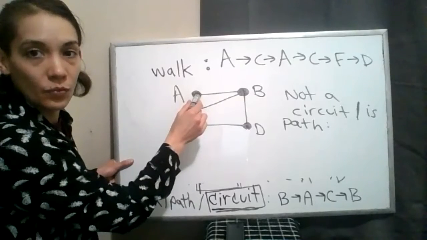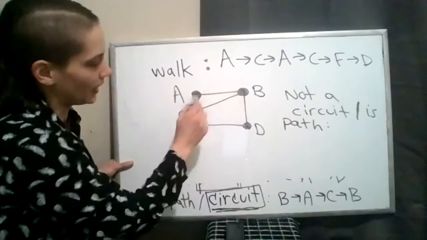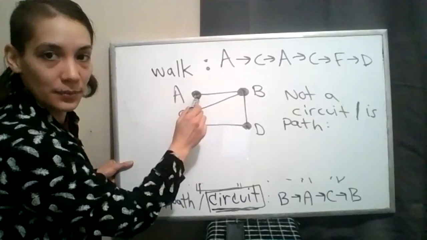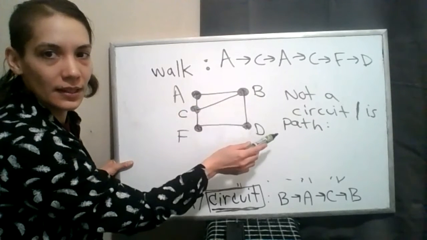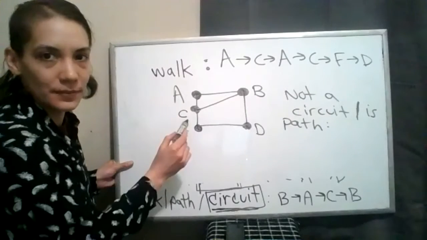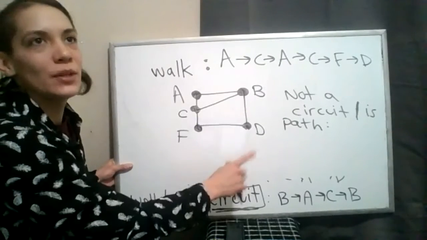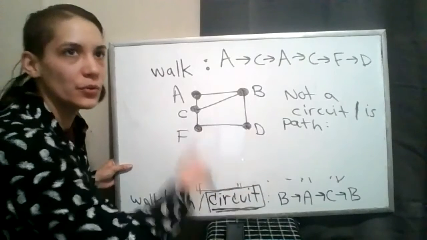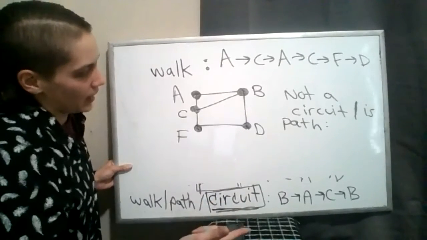If it all started and ended at A, but passed through all of them twice, like A B D F A B D F A, that wouldn't be a circuit. Oh wait, I confused myself. I'm sorry. It would also not be a path if you go through an edge one more time. So it's not a circuit or a path.